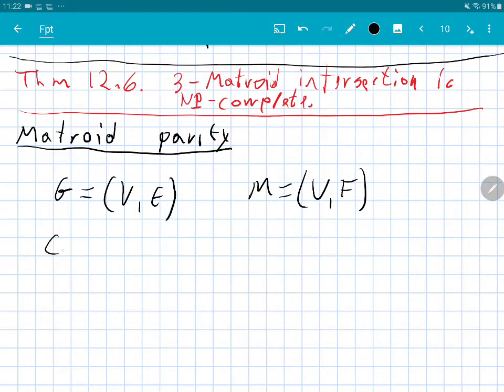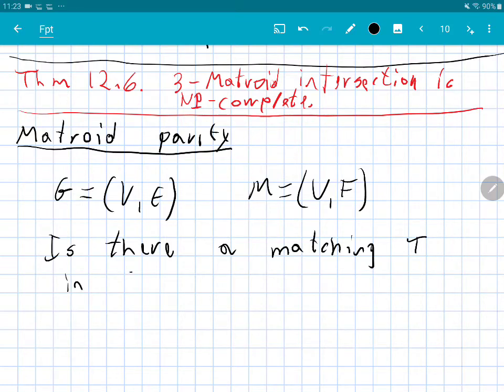Compute: is there a matching T in G such that, we take the union of the vertices u, v in the matching, and we take the union of their sets, the corresponding set of vertices. This is in the Matroid, right?